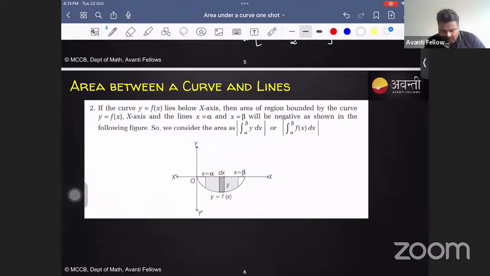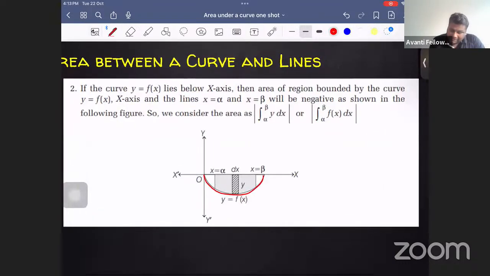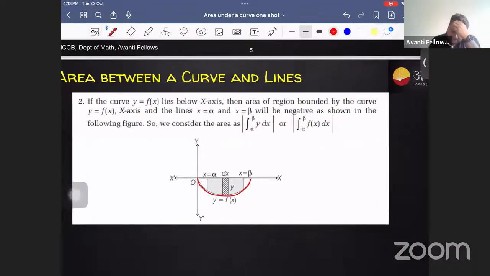Now, if the curve y equals to f(x) lies below the x-axis, all right, like this one. This curve y equals to f(x) lies below the x-axis, then area of the region bounded by this curve. Now simply what? Area will come negative because the definite integration will come negative. So what do we do? We finally take a modulus of the quantity we are getting.